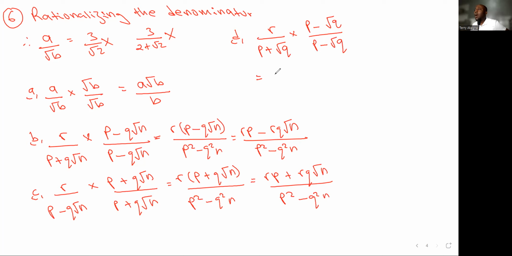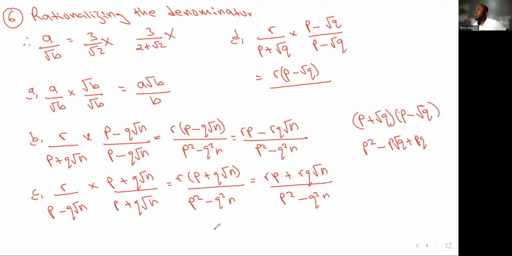So that will give you R(P minus root Q) divided by the same thing: P plus root Q times P minus root Q. P times P gives P squared. P times minus root Q gives minus P root Q. Root Q times P gives plus P root Q, and those cancel out.